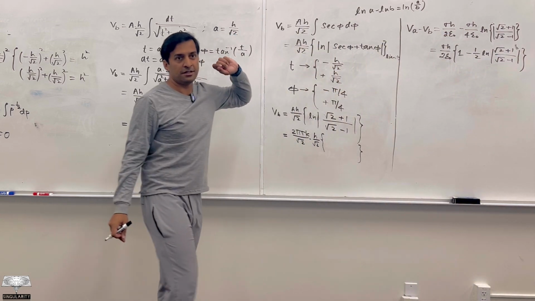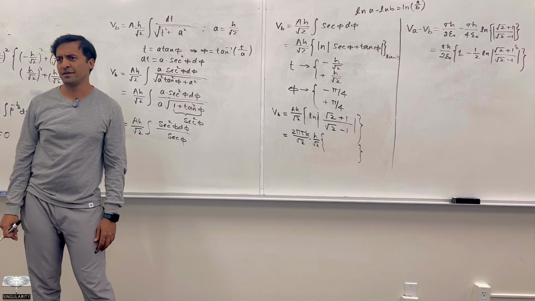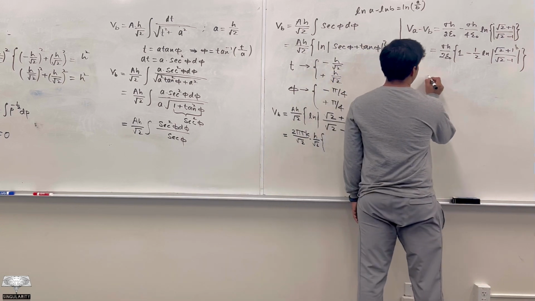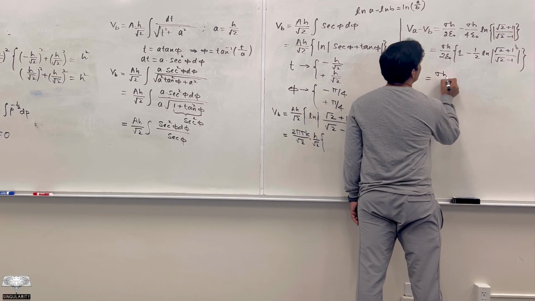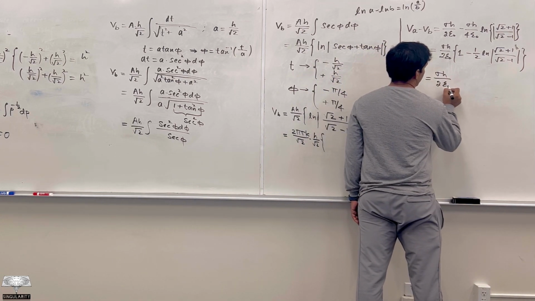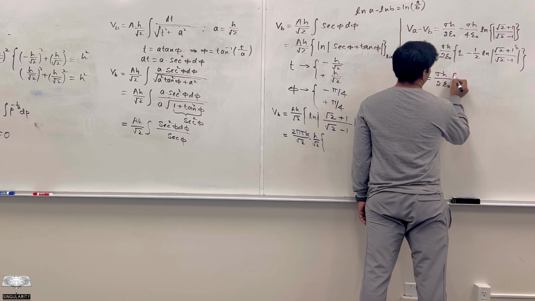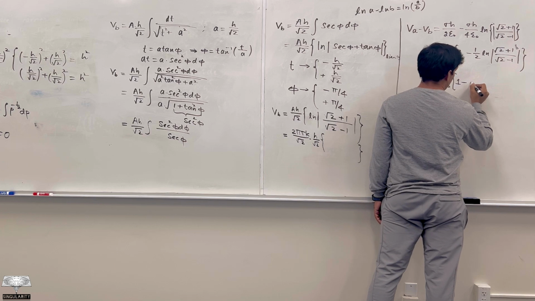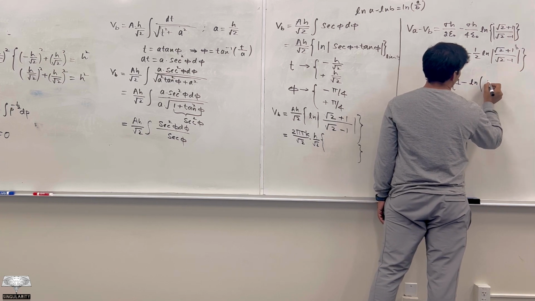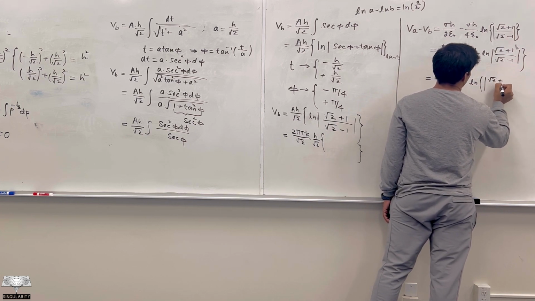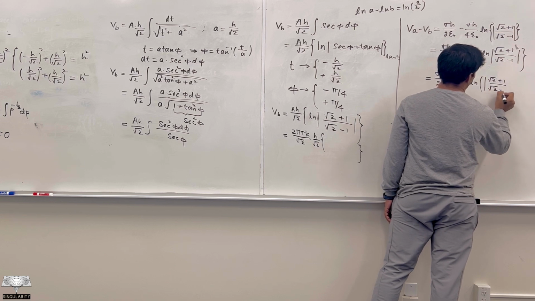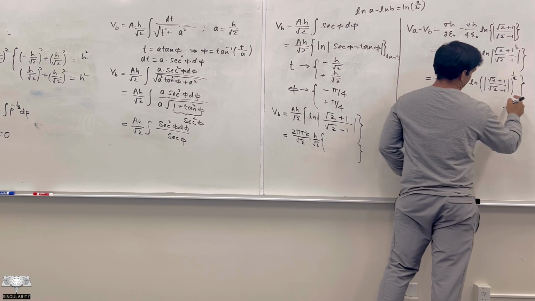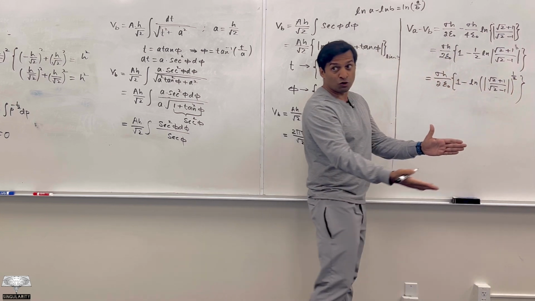That's the answer. You can simplify it one more step, using a very common property of log, if you wish, otherwise this is the answer. Divided by 2 epsilon naught, 1 minus this 1 by 2 actually goes into the power of the natural log. If you remember, square root 2 plus 1 divided by square root 2 minus 1, to the power 1 by 2, which is the whole square root.